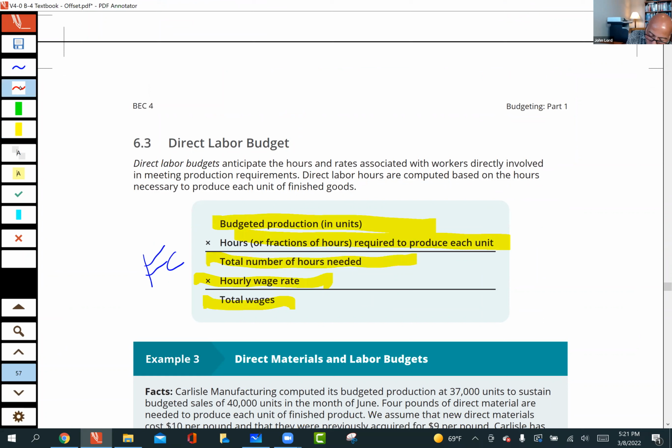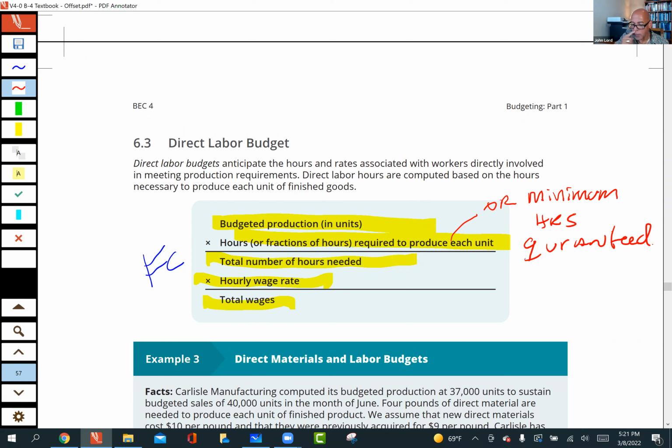Now, when you look at this, you've got to be careful, because they say the hours required to produce, but you could put in here minimum hours guaranteed. What does that mean?